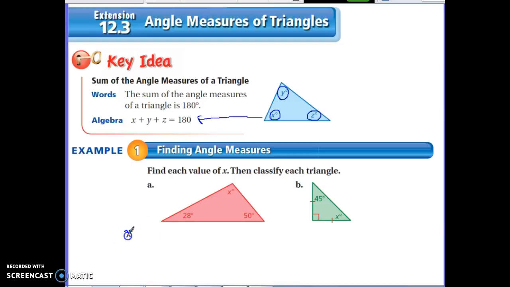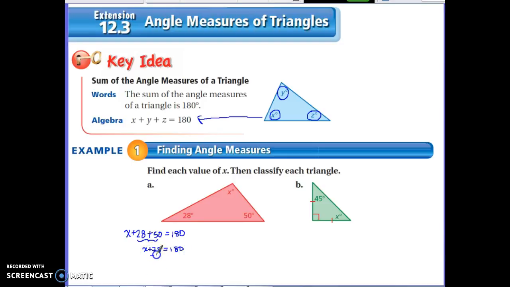If I add those up, x plus 28 plus 50, I am going to get a total of 180 degrees. So I can write my equation like this. The directions ask us to find the value of x, so now I'm going to proceed to solve. When I combine like terms, I end up with x plus 78 is equal to 180.